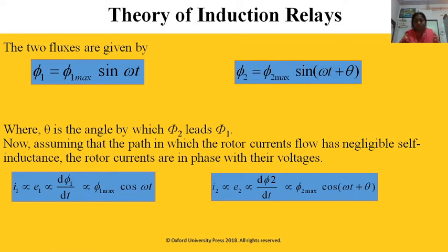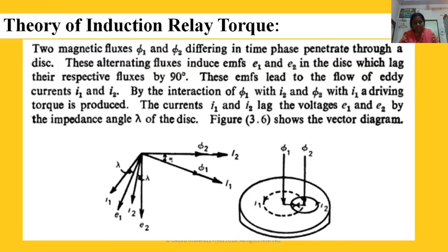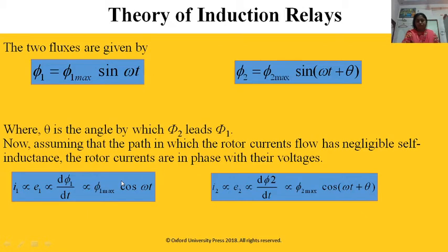Here we show a certain angle, but if we are neglecting this, then definitely these two are in phase. So I1 is proportional to E1, E1 is proportional to d phi 1 by dt, and that means I1 is phi 1 cos of omega t, while I2 is phi 2 cos of omega t plus theta.